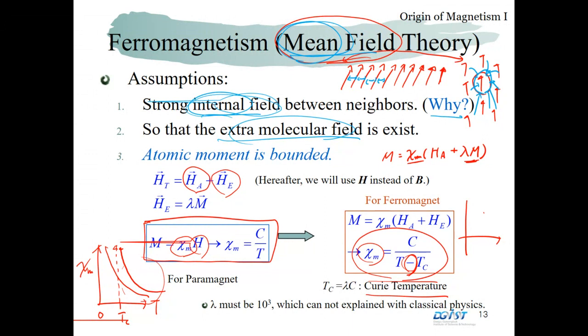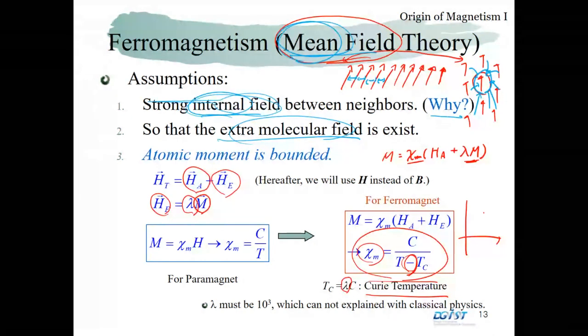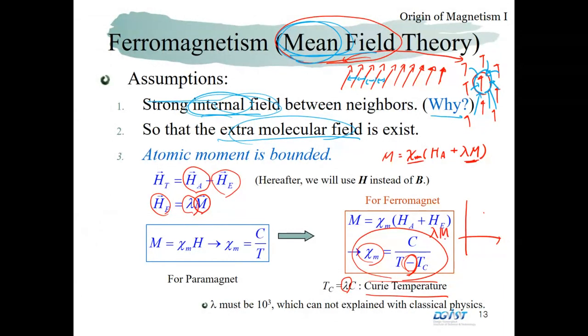For the tenth question, actually they are the same quantity. Here, this lambda means the proportional constant for the extra molecular field. They are proportional to the magnetic moment of the atomic moment. And here lambda comes from here, if we have a lambda M here.